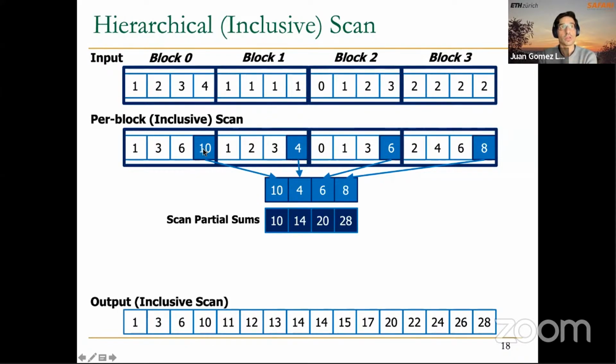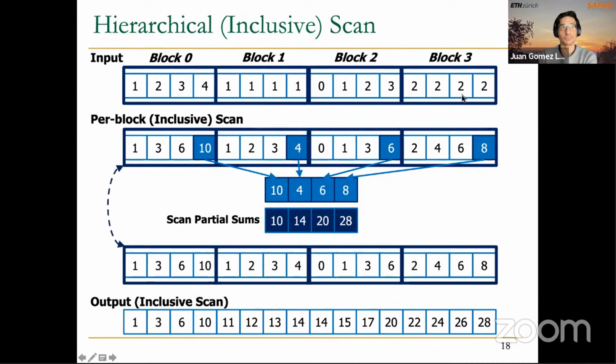So in some way, we will move these values 10, 4, 6, and 8 to another array, and then we apply a scan operation on this array of partial sums that is much shorter. As you can see, in this case, it only has 4 elements instead of the 16 original elements that we had.